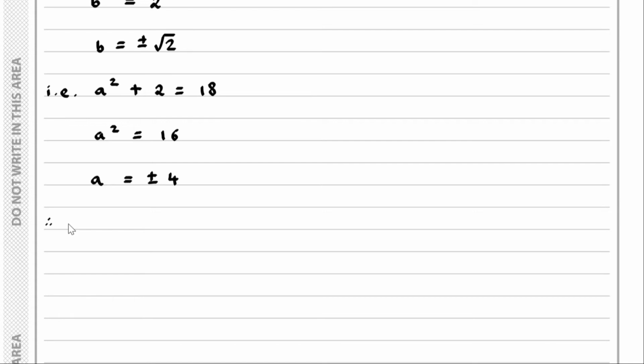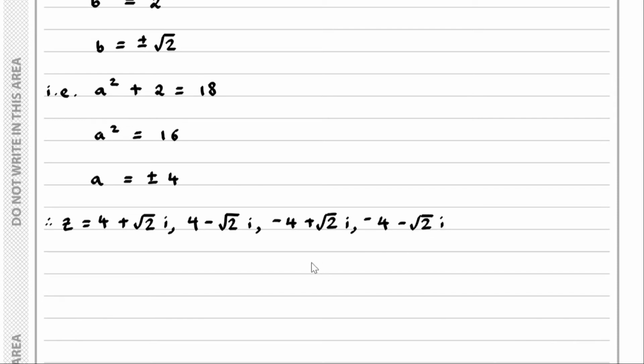And so the possible values of z, we've got z equals 4 plus root 2 i, 4 minus root 2 i, minus 4 plus root 2 i, minus 4 minus root 2 i.